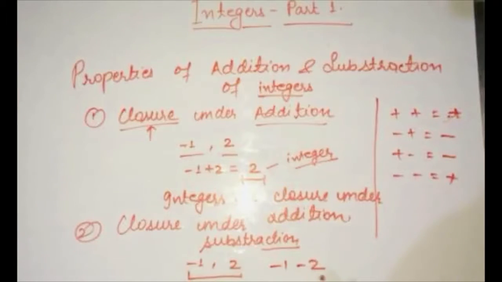It means you have to add these two numbers. So 2 plus 1, 3. Now which sign will you keep? The one with the higher number, that is minus, so -3. So this is again an integer. It means you can say that integers are closed under subtraction as well. Okay, so this is one of the properties, that is the closure property.